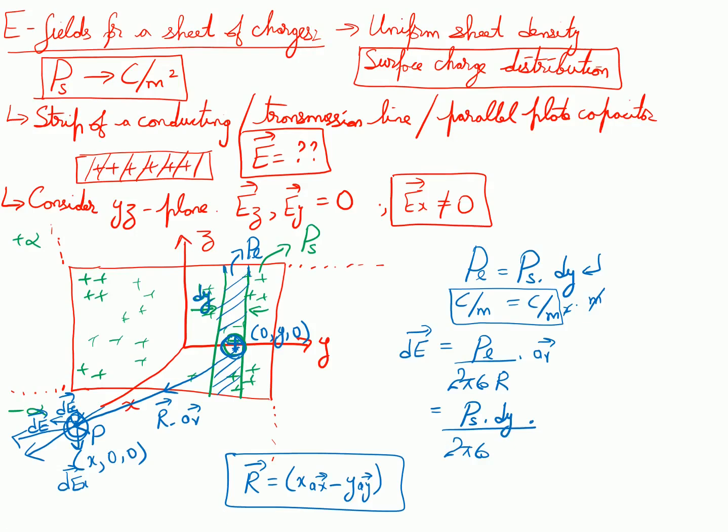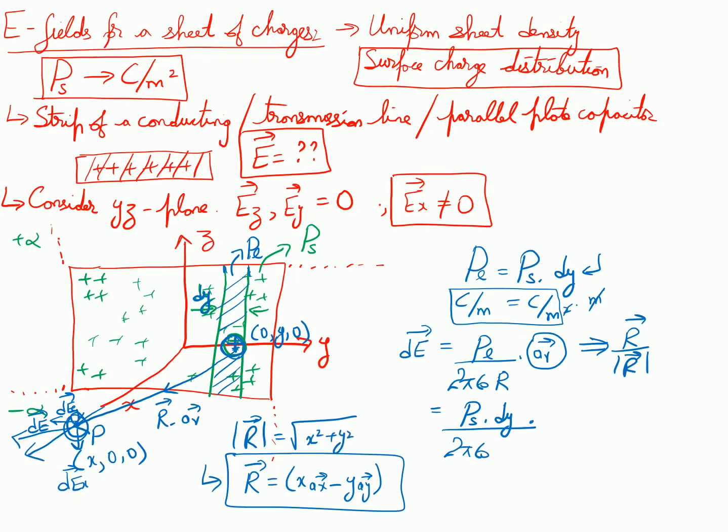Let me write the complete equations for the unit vector so it becomes easy. I'm interested in finding the unit vector of r. This unit vector is basically the vector r divided by the modulus of this vector. The vector r has this value and its modulus is the square root of the scalar values x square plus y square. So this is what I have for the unit vector.